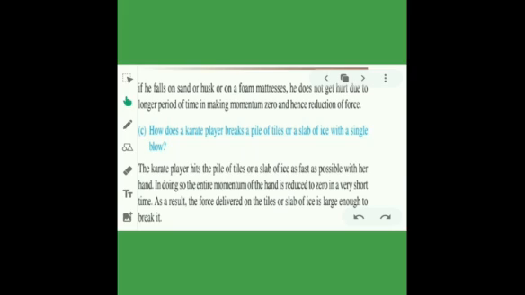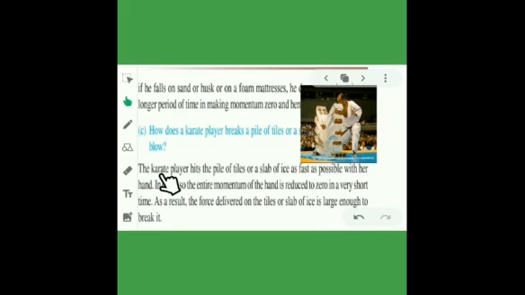That means in a very short interval of time, the momentum changes, so the rate of change of momentum is very high. That means the force exerted on the slab or tiles within a short interval of time will be very high. It helps him to break the slab.